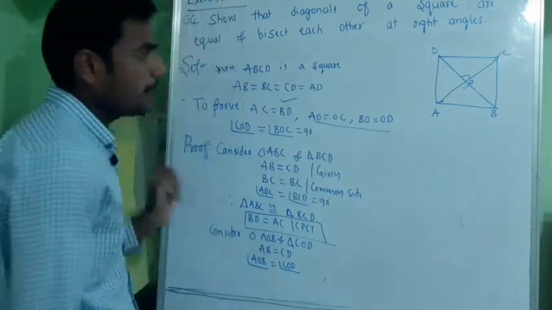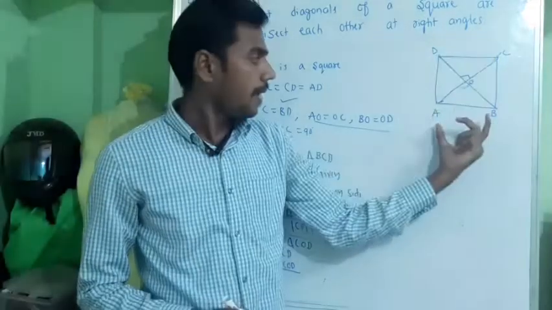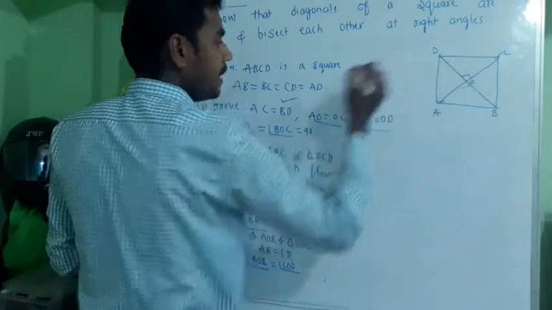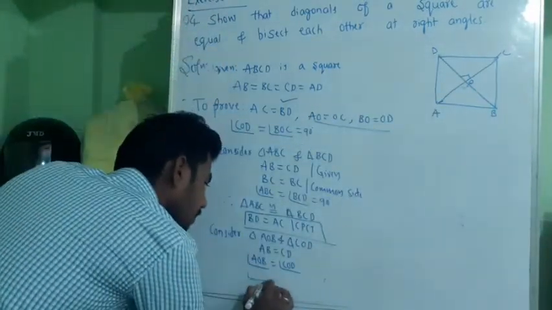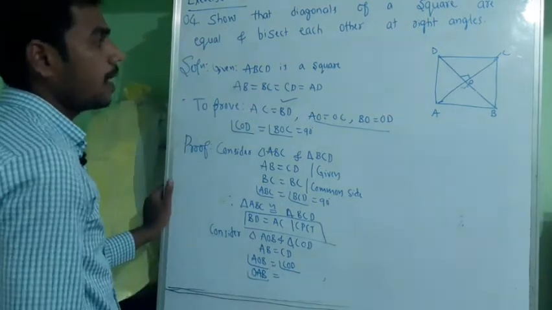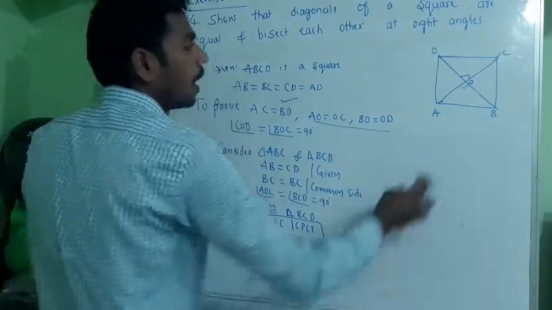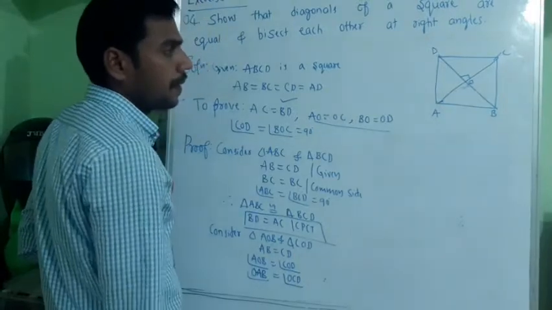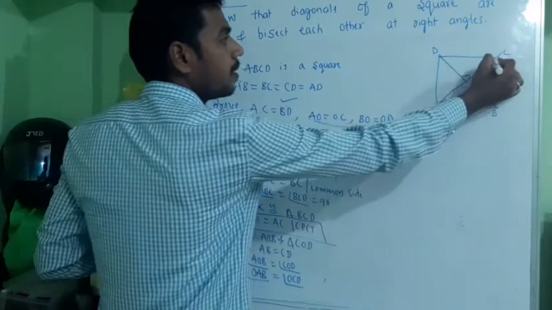One more thing we can write: AB is parallel to CD. AB is parallel to CD, so angle OAB is equal to angle OCD. Fine. This angle is equal to this angle.